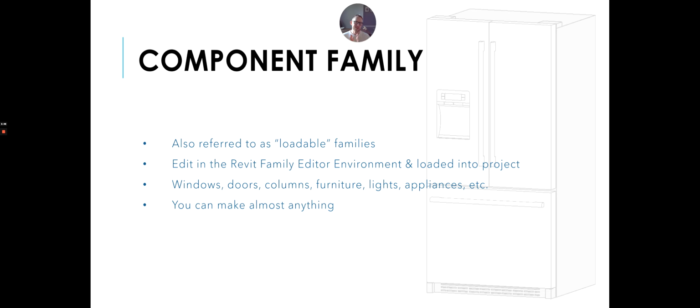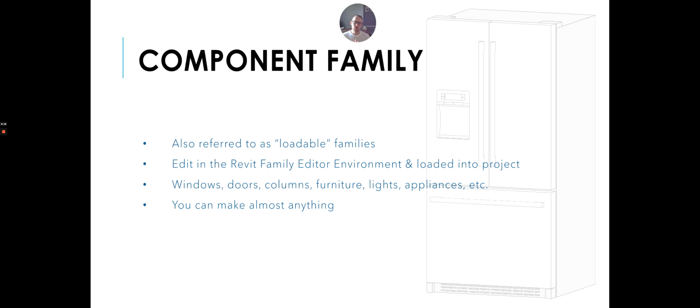I'll show you examples. It's kind of confusing in concept, but once we get into the exercise, it'll start to make more sense. But just know that these are created outside of the project, and then inside they are loaded into the project. And then from that point on, you can still change attributes, but those attributes may be limited depending on whoever created the family.